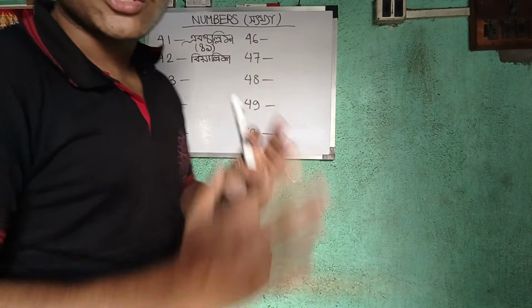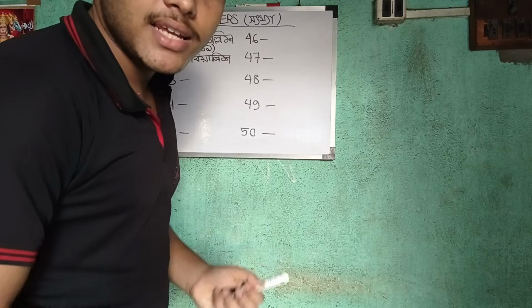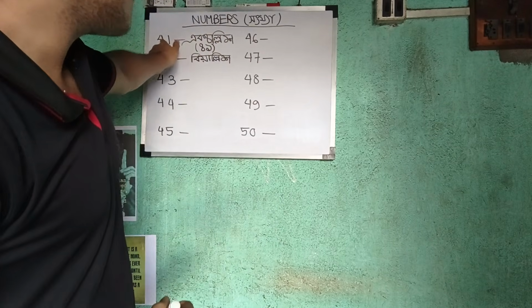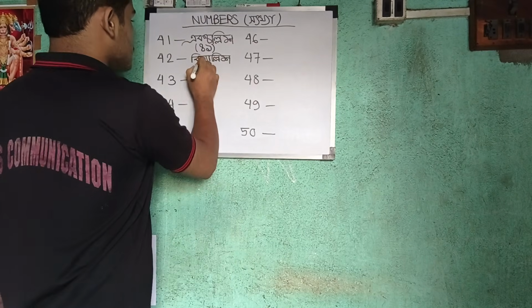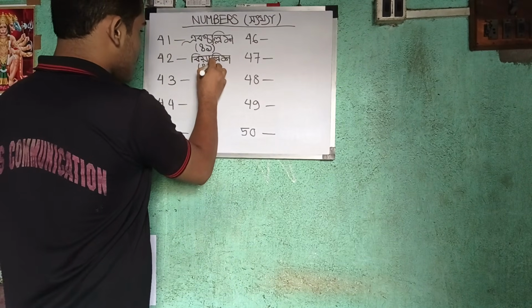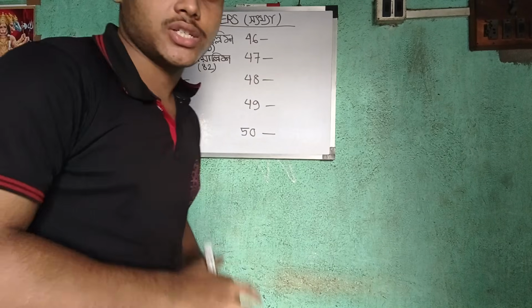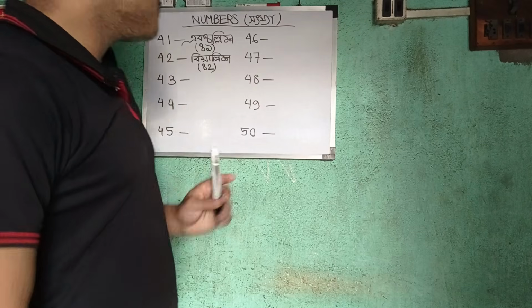So first ekchallish means 41. Biyallish means 42. So how can we write 42? First here this is 4 and then 2, 42. Simple. So 4 and 2. This is biyallish. So biyallish 42.